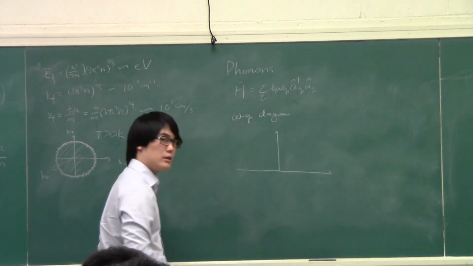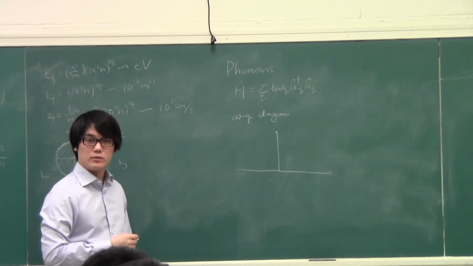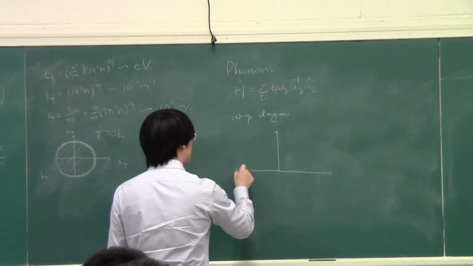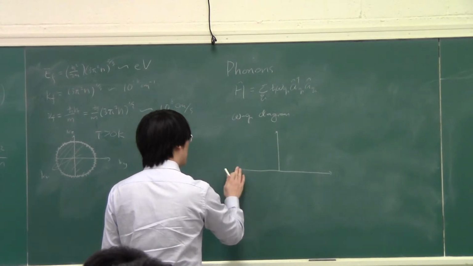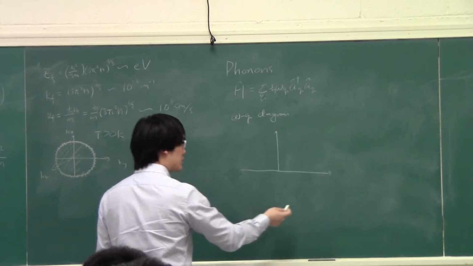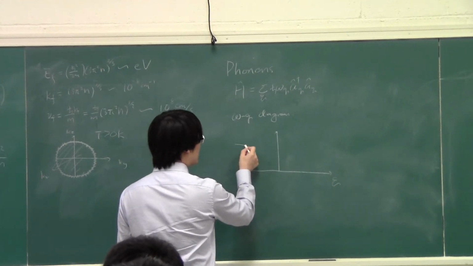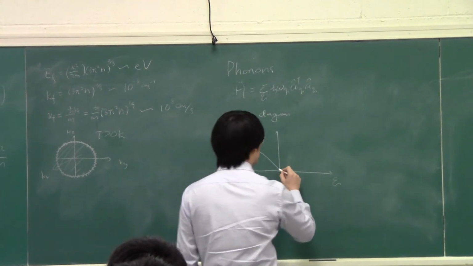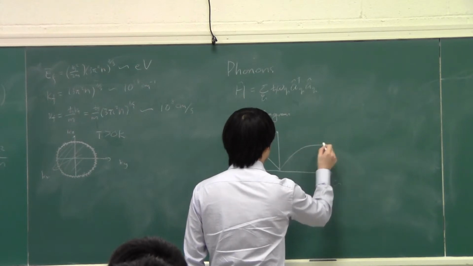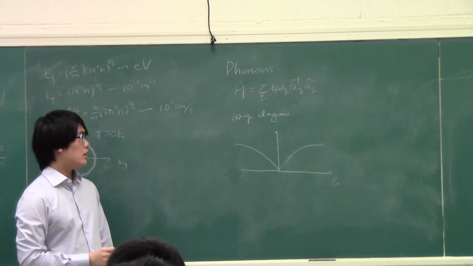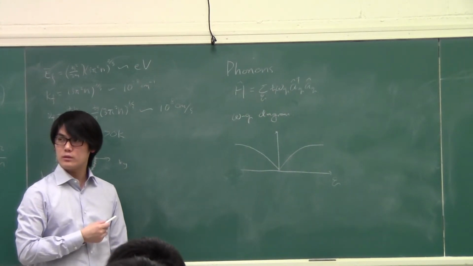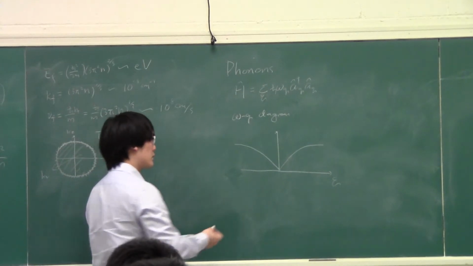So in 1D, in this energy diagram, you can have positive and negative q. In this direction is the negative q direction. This is q, okay? And we have something that looks like this. Okay. Professor, did we talk about this? Yeah. Okay.